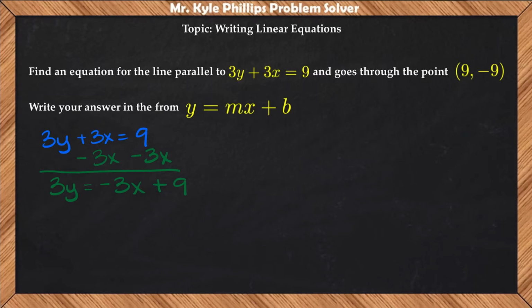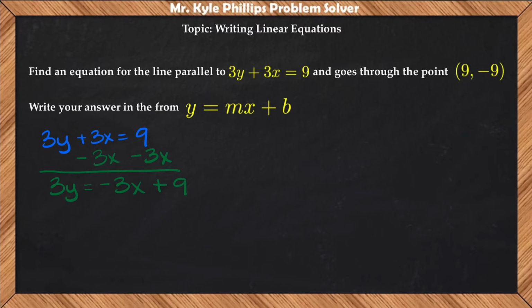Now, it would have been the same thing to say 9 minus 3x, but since in slope-intercept form the slope, or the value with the x, comes first, I wrote it first here, and then I just put the 9 secondly to represent the b.